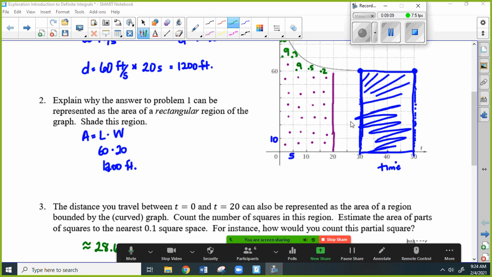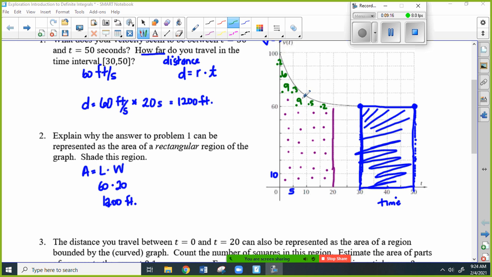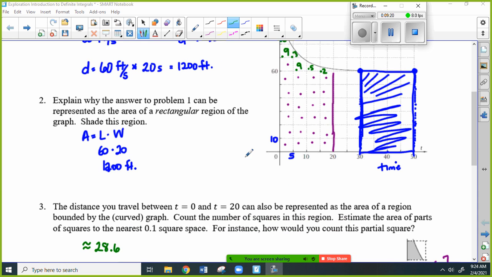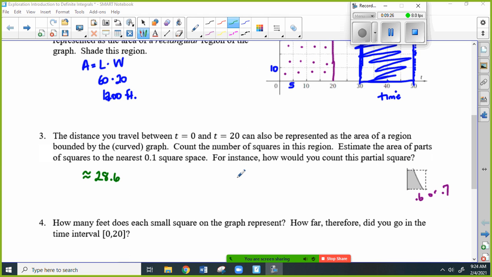All right, so all I was just saying when I forgot to record was that I had my whole blocks and then I approximated to the nearest tenth what I thought each of the other pieces were, and then I added them all up and got approximately 28.6. Now, the next question says, how many feet does each small square on the graph represent?